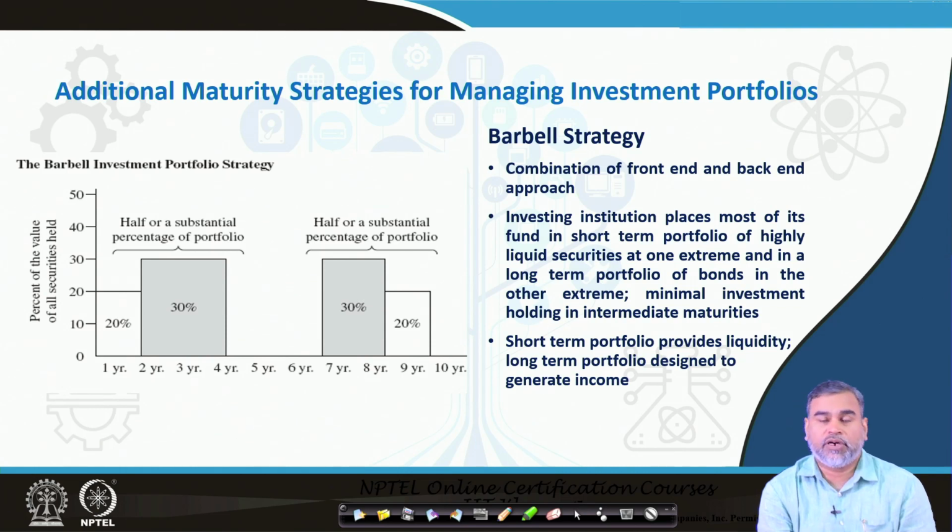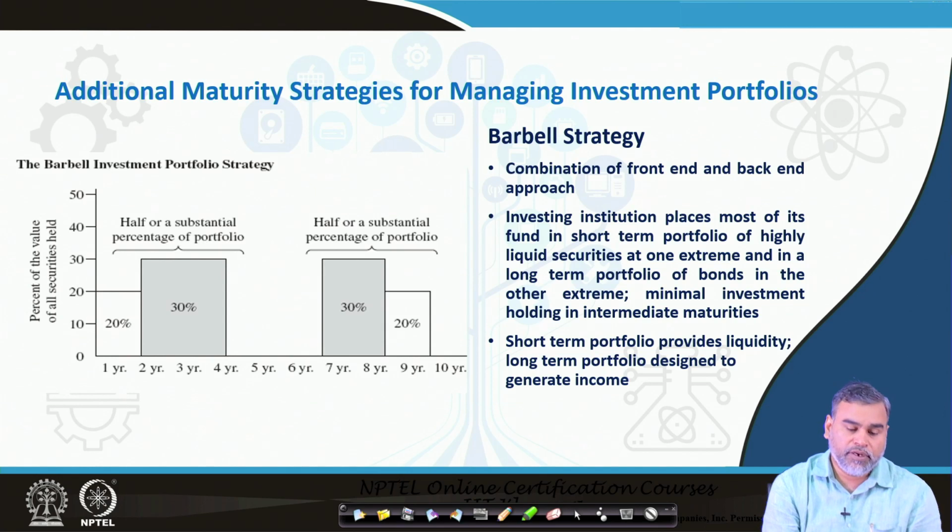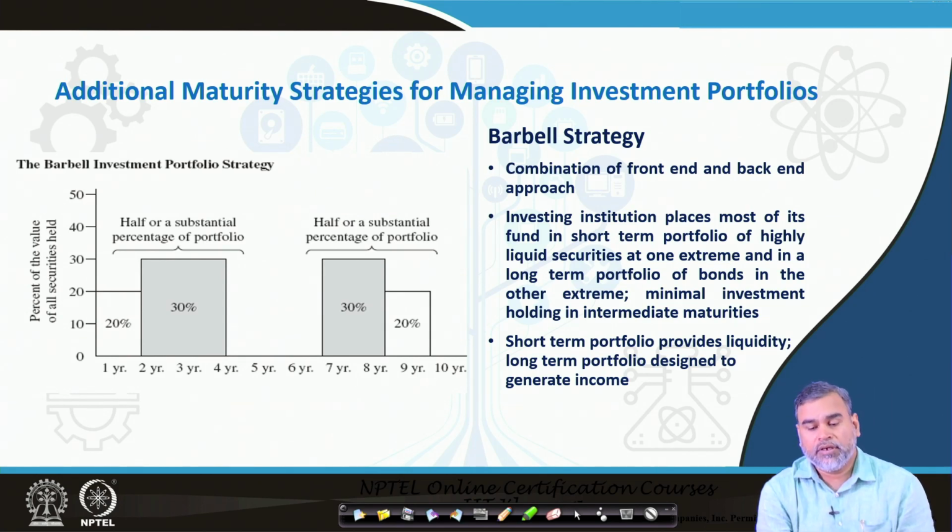It is a very safe portfolio strategy. If you are holding some percentage of short term portfolio, then your liquidity objective is fulfilled. If you are holding a long term portfolio, then your income generation objective is fulfilled. Then if you hold a medium term or intermediate maturities portfolio, that satisfies both conditions.